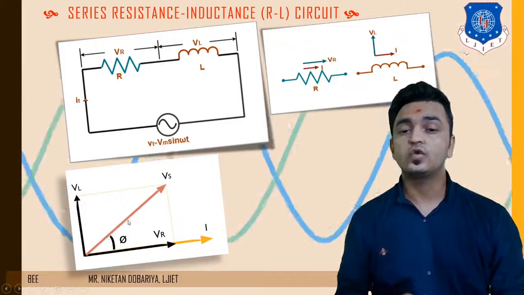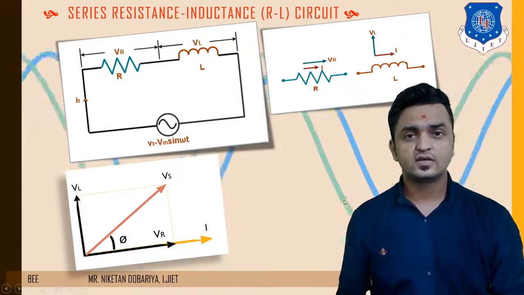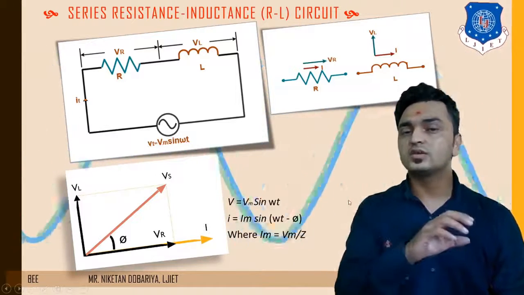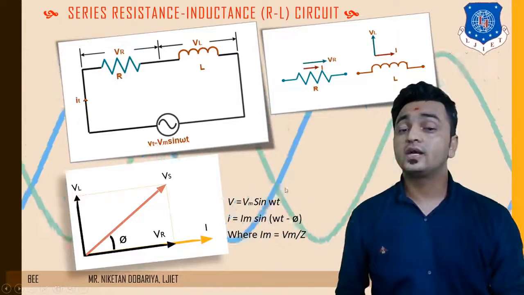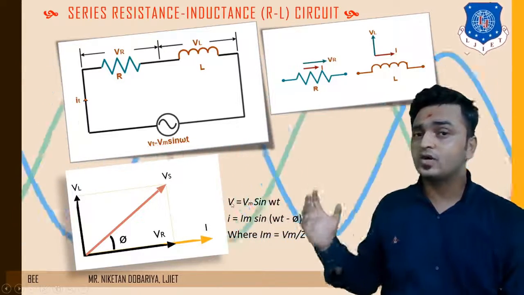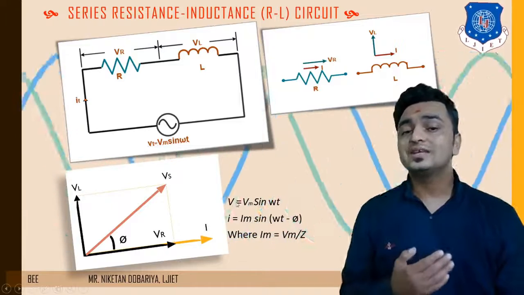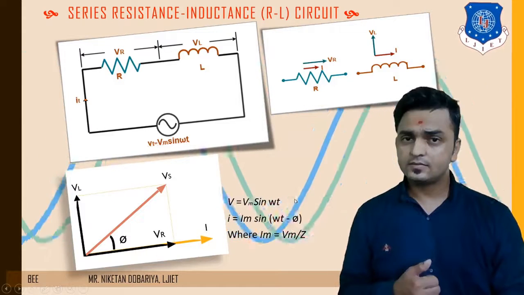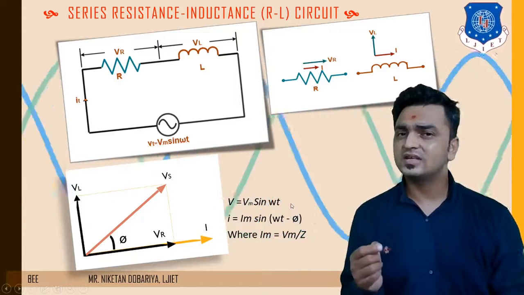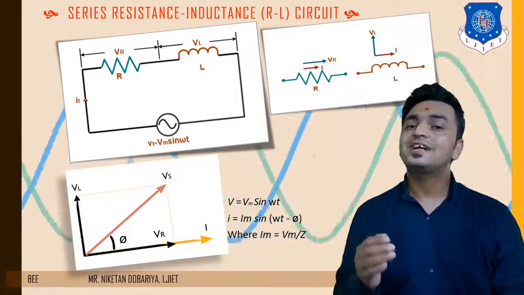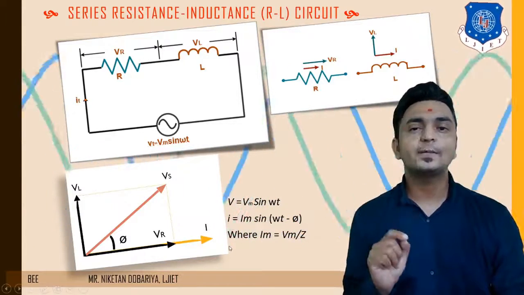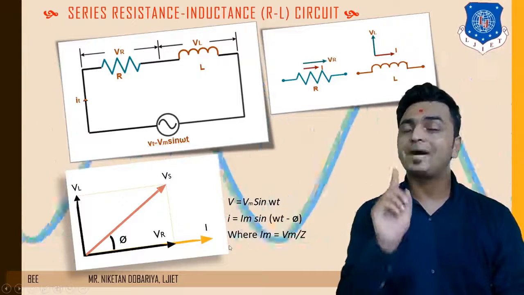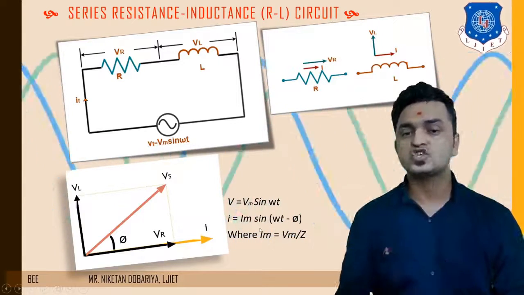So with respect to voltage, this is at phi degrees. Now based on this condition, if I define the value of current, we had considered the supply voltage Vt equal to Vm sine omega t. So based on this we can say that the current is at minus phi degrees. So the value of current is going to be Im sine omega t minus phi, which is mentioned over here.